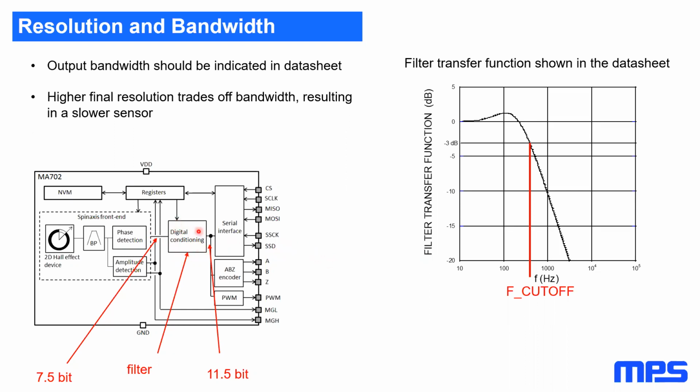That actually can be done in some of our parts, like our MA732, but the 702 has a fixed filter with a fixed cutoff frequency. And so 11.5 bits of resolution. If you look up the MA702 data sheet, it says it's a 12-bit sensor in big headlines, and then it says the 6 sigma resolution is 11.5 bits.